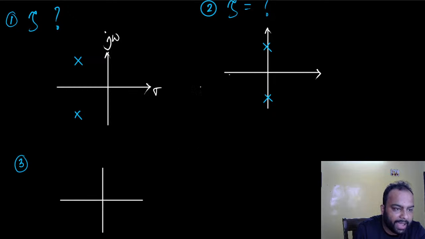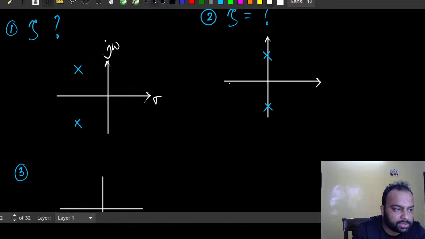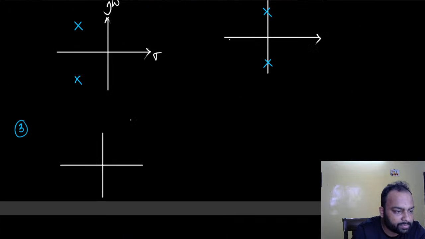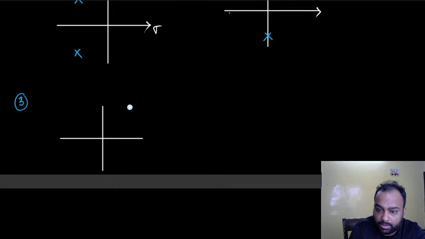Now here I am denoting two systems. Again, be quick and answer your questions. I have two systems.